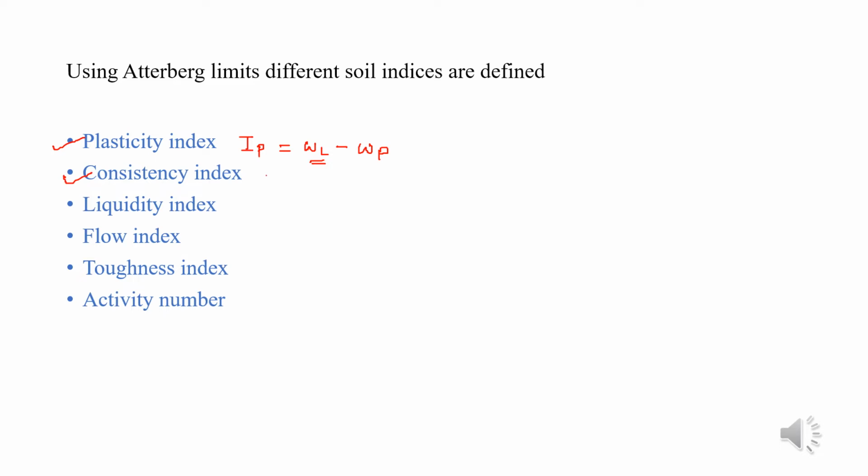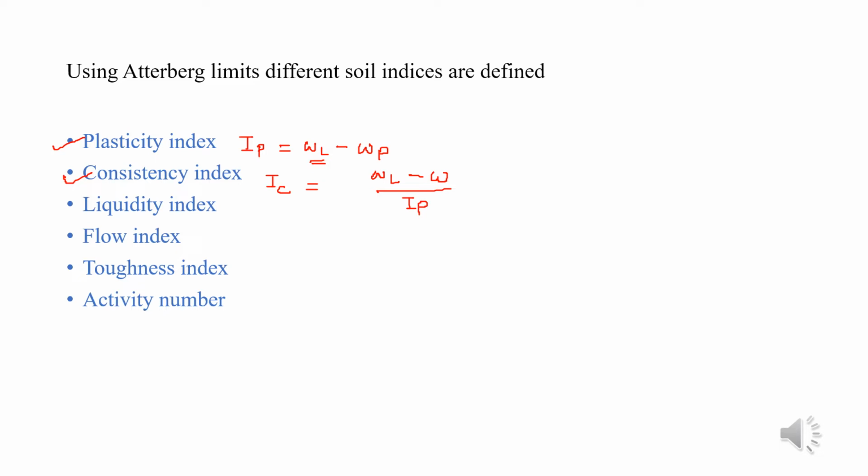Now, what is my consistency index? The consistency index is symbolized by IC. This is also called the relative consistency of the soil, and it's defined as the ratio of the liquid limit minus the natural water content of the soil to the plasticity index of the soil.